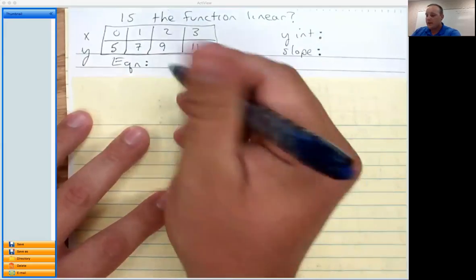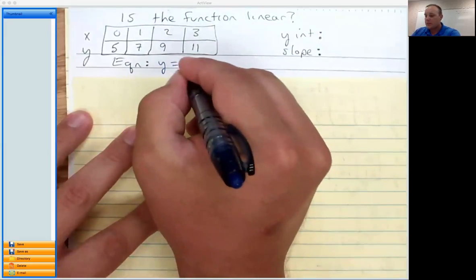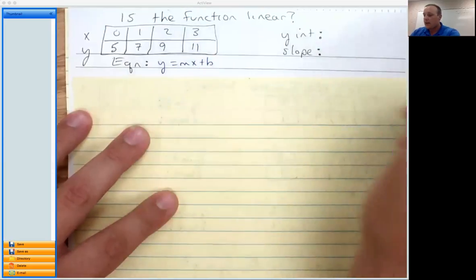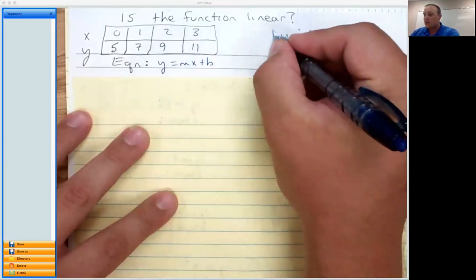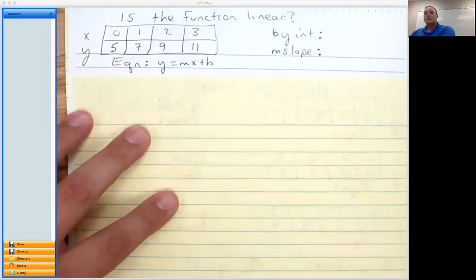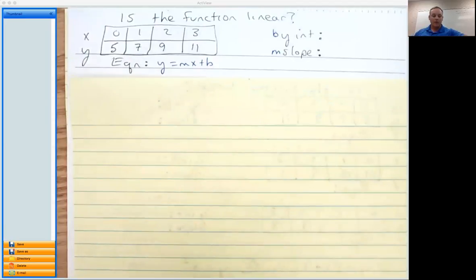And remember, that'll need to be in y equals mx plus b form, where m is our slope and b is our y-intercept. Okay? So here, you have 30 seconds to think about this and to get your answers done.